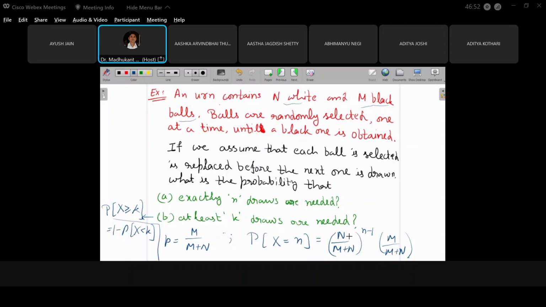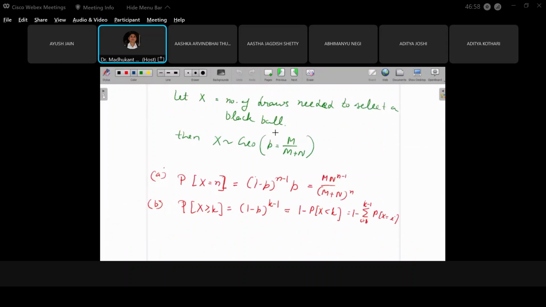Okay, all right. So x greater than or equal to k is at least k draws are required to get a success, which means k minus 1 failures. Okay, that also can be understood.